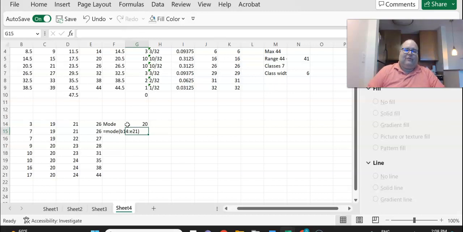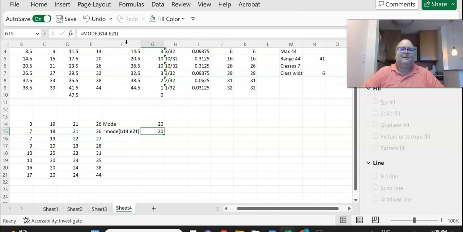But if we get rid of that, we do get the number 20, which is the mode of our data. So the mode is simply the most frequently occurring data value.